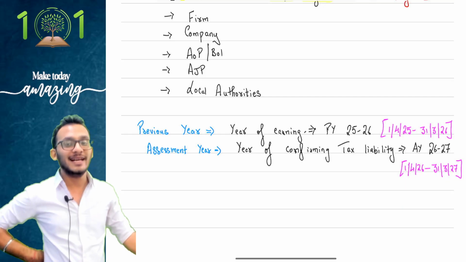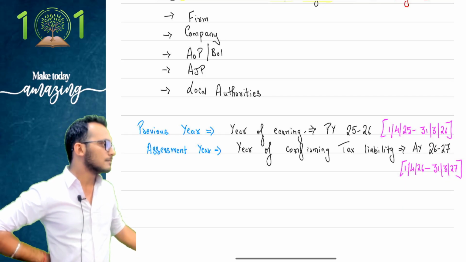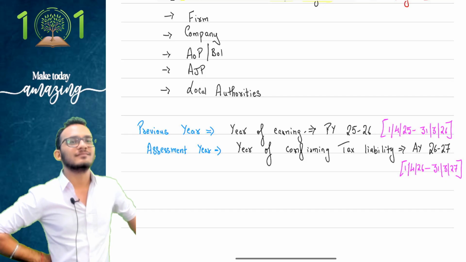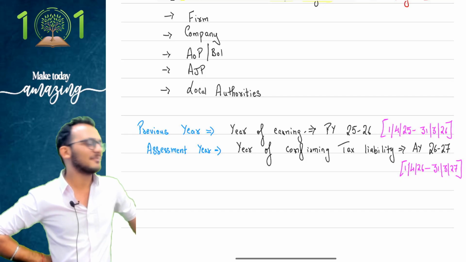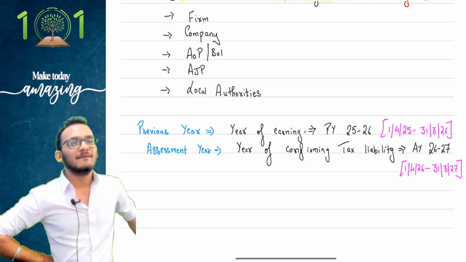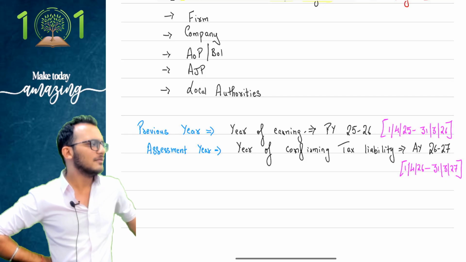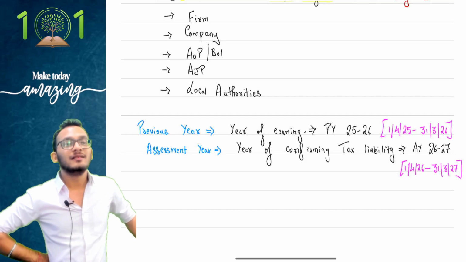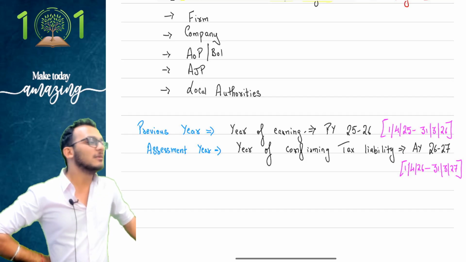Tell me my previous year date format. Date is 1st November? People, will it change?